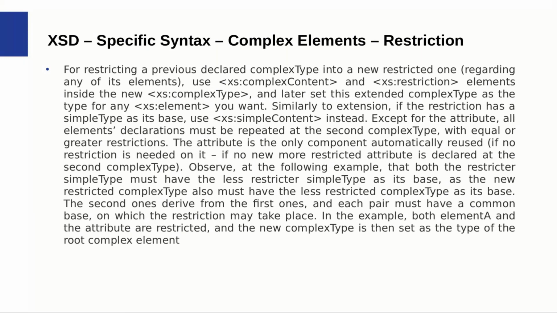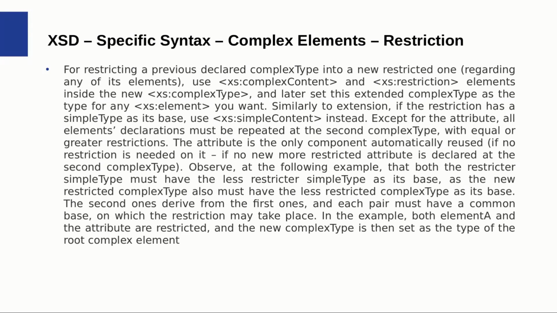And another thing is that, similar to the extension, if the restriction has a simple type as its base, we use, instead of the complex content, the xs:simpleContent as well.